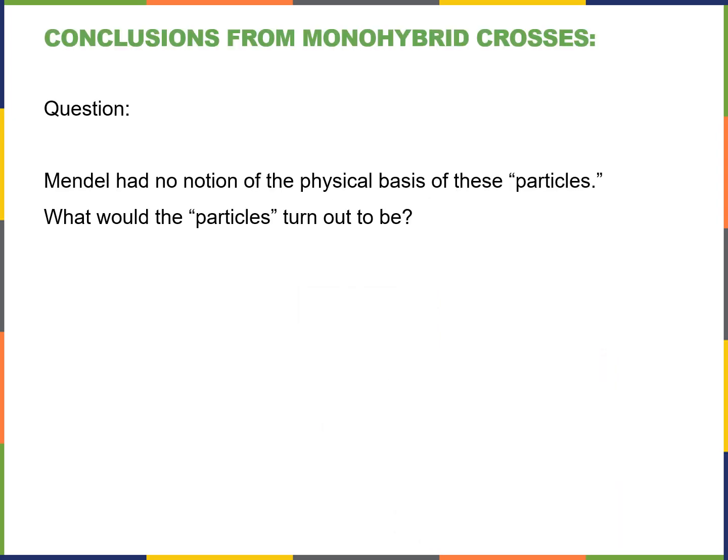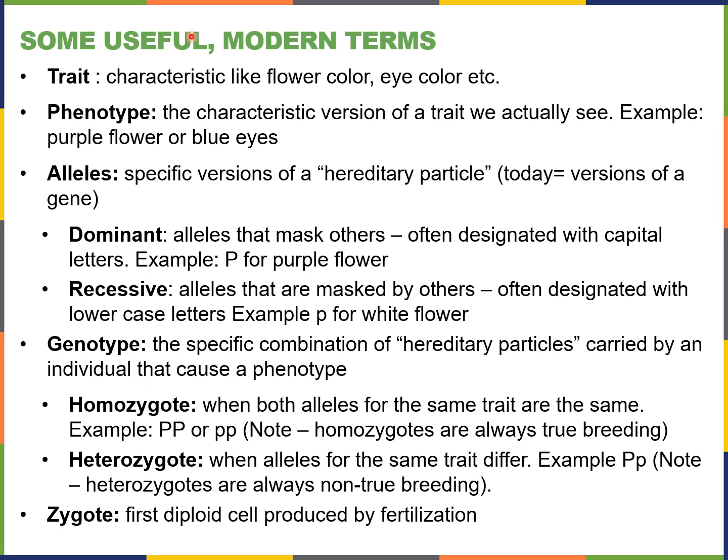Okay, so he had this physical basis of these particles. So what would the particles turn out to be? We just saw. So here are some more useful modern terms that we use. A trait is a characteristic like flower color or eye color, right? Again, a lot of times it's observable, but not necessarily. And then the phenotype is the characteristic version of a trait that we actually see.